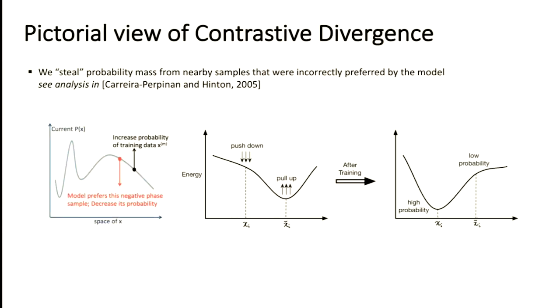The idea is that given this energy function, a minimum energy is associated with a higher probability. In the beginning, this x_i is what is coming from the data samples, the true target data that we have, and x tilde is your fantasy particle or the negative sample, and you would typically have a lower energy associated with it, which is bad.